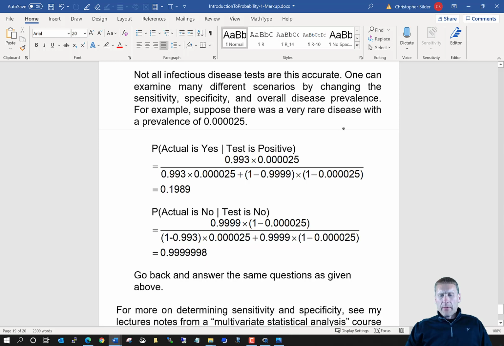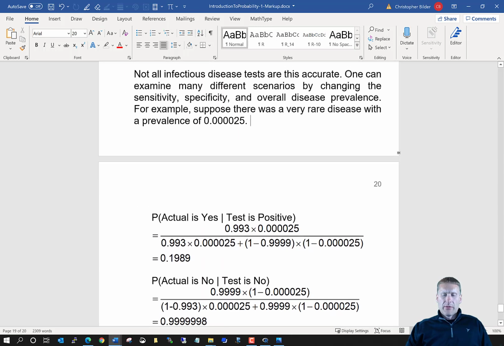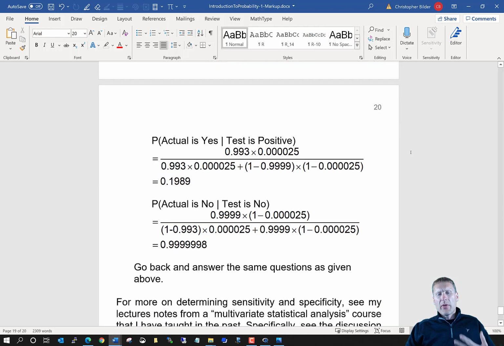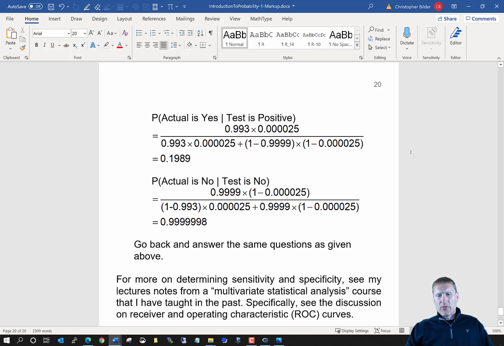Now, let's look at a different scenario. Suppose there's a very rare disease out there. So now the probability is 0.00025 of actual yes. What happens now to these positive predictive values, these negative predictive values? Positive predictive value, look at that.